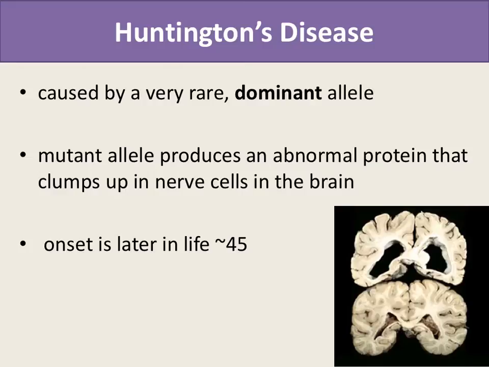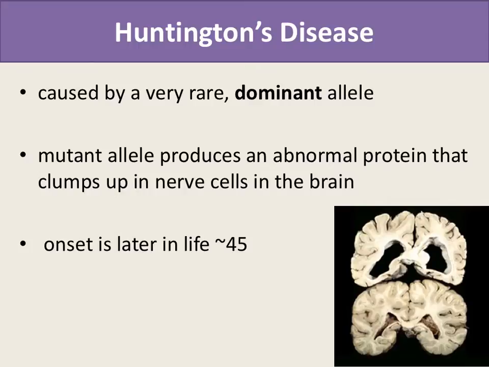Now, Huntington's disease is caused by a very rare dominant allele. It causes a non-functional protein that has to do with neurological signals in the brain. People who express it have these terrible neurological symptoms, and they usually die fairly rapidly.